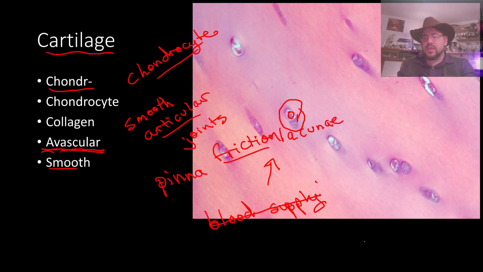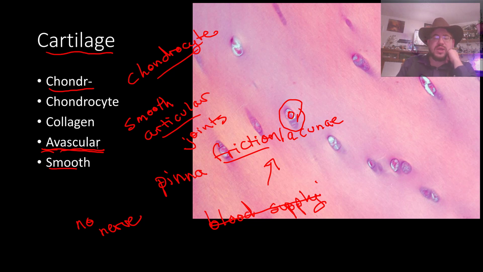The other important thing about cartilage is that it does not have a nerve supply either. And when I mess with my ear, it does not hurt. The skin has a nerve supply, so I can bend my ear and stretch the skin to the point that that hurts, but the cartilage itself has no nervous supply, so it doesn't hurt.